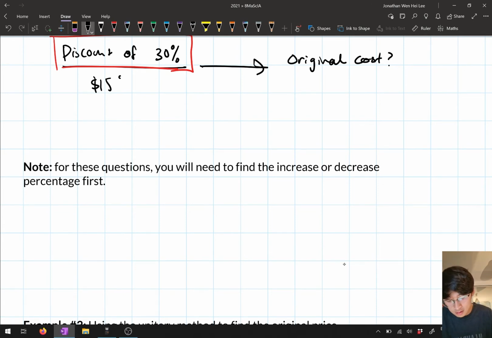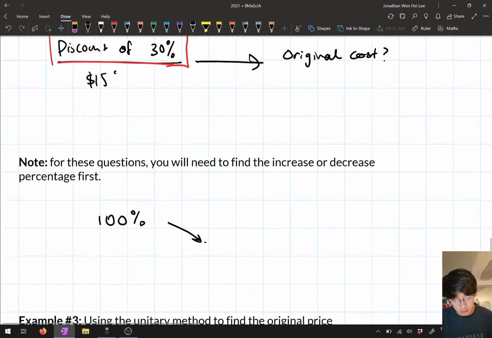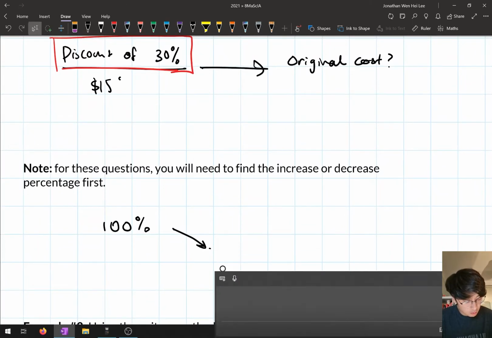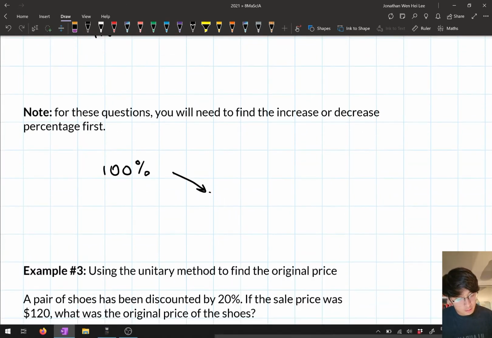So the way we do this is we go 100%, and because we're discounting, we are going to subtract our amount. Okay, 100%. If we are doing a decrease, we are going to subtract the amount.